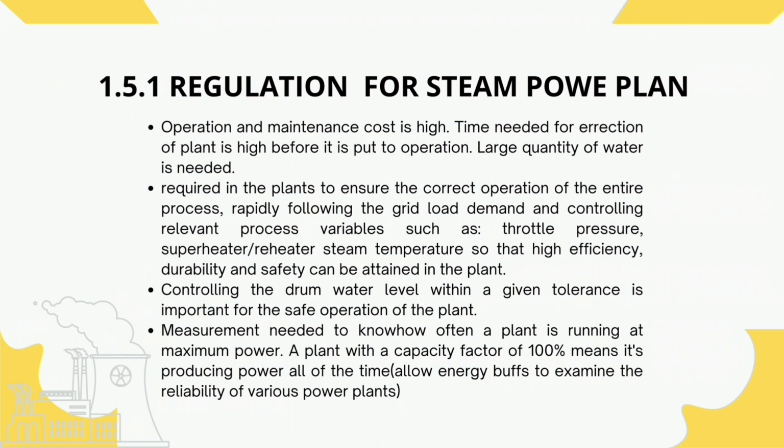Number 3, controlling the drum water level within a given tolerance is important for the safe operation of the plant. Measurement is needed to know how often a plant is running at maximum power. A plant with a capacity factor of 100% means it is producing power all of the time. It is a low energy path to examine the reliability of various power plants.